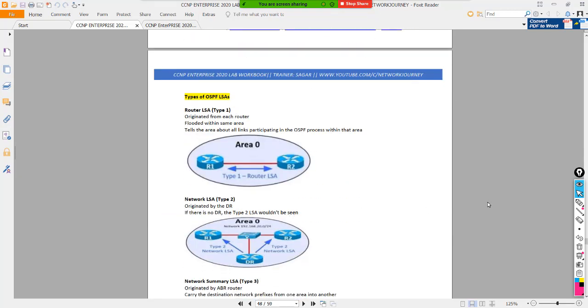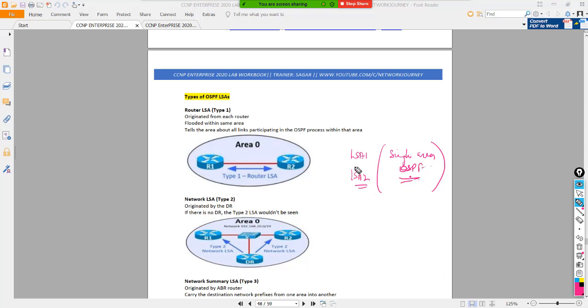Now LSA is a very important topic. If you remember from the previous class, we discussed LSA1 and LSA2. We see this LSA1 and LSA2 in single area OSPF.